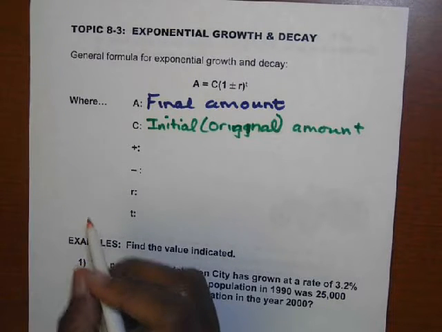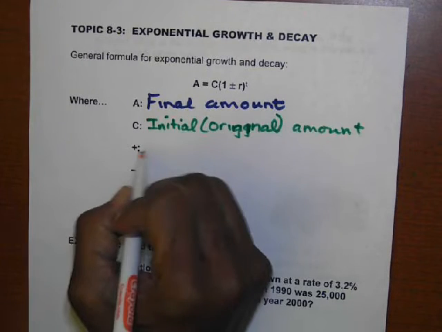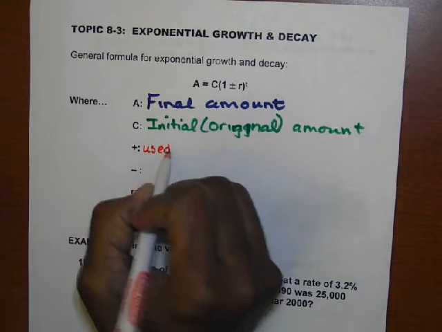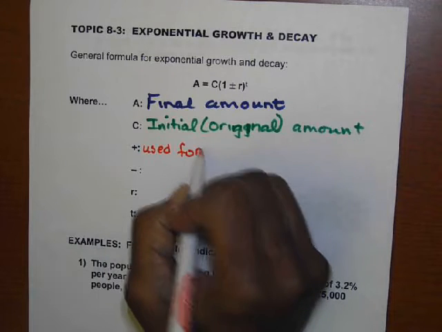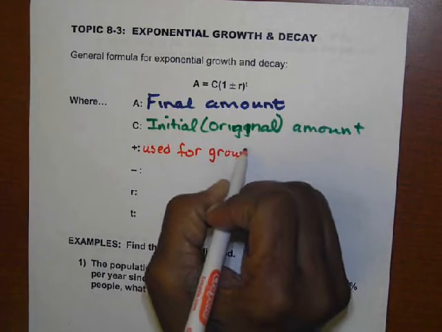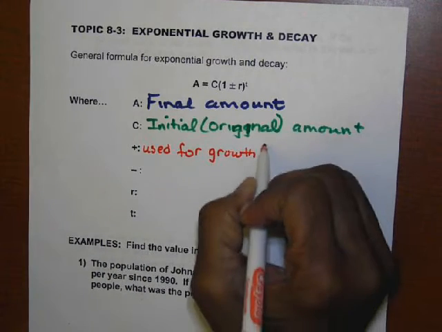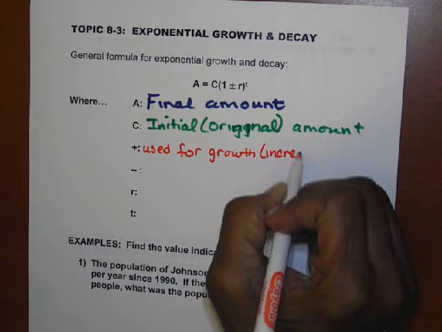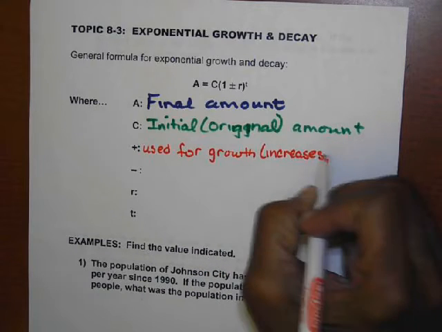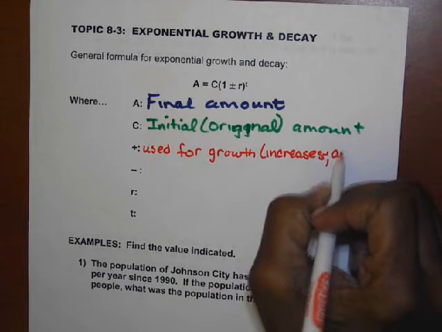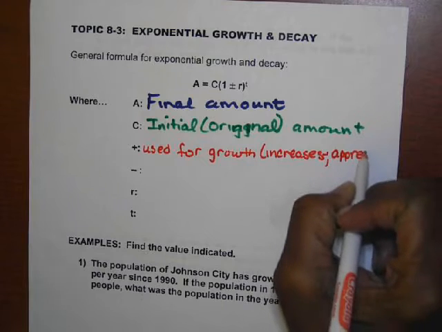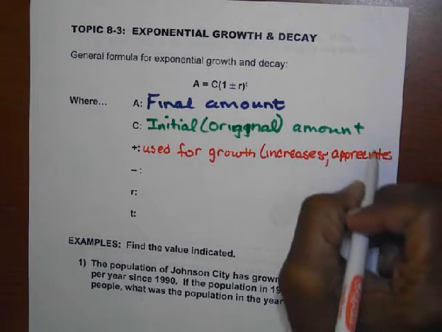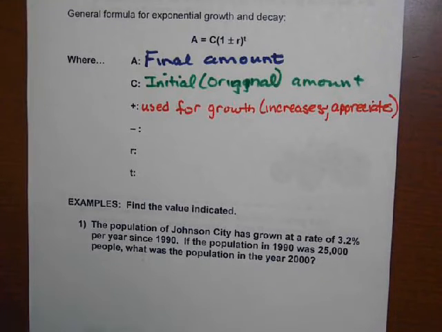Okay? Alright, so the plus sign is used for growth. As something increases or appreciates. In the world of finance, things appreciate as well as increase. Okay? Then what do you think subtraction is going to be for?